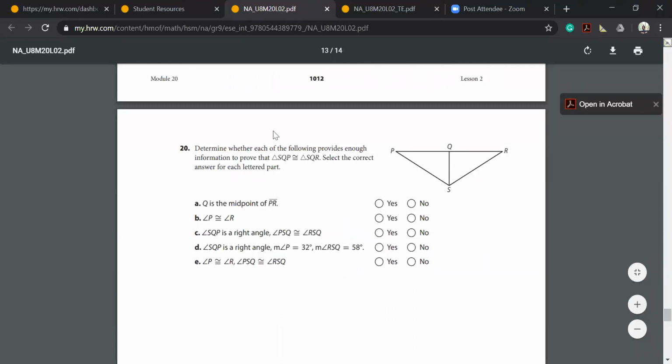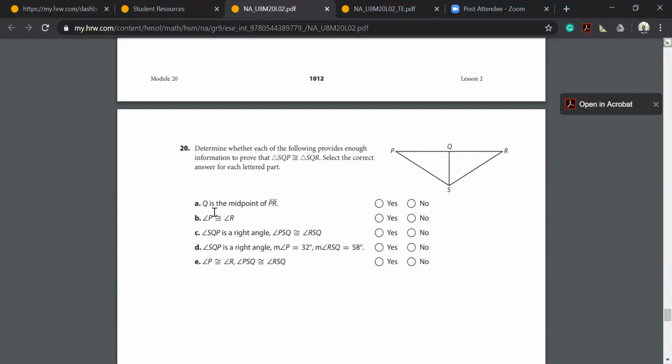Determine whether each of the following provides enough information to prove that the two triangles here are congruent or not: triangle SQR and triangle SQP. Select the correct answer for each lettered part. He is going to give you some information, and according to this information, you should tell him, is this enough information so that I can say that these two triangles are congruent or not?